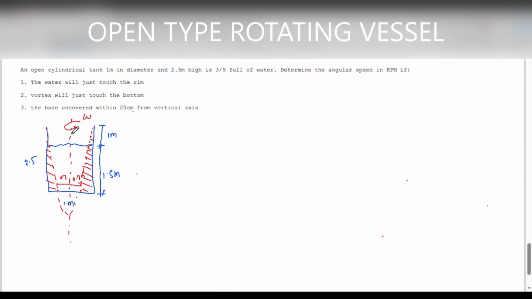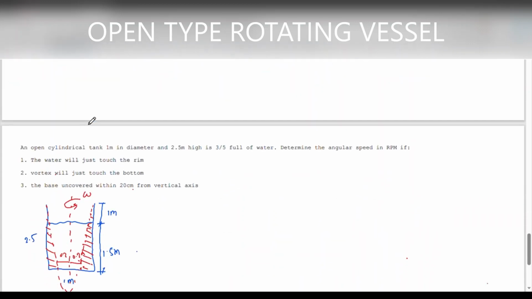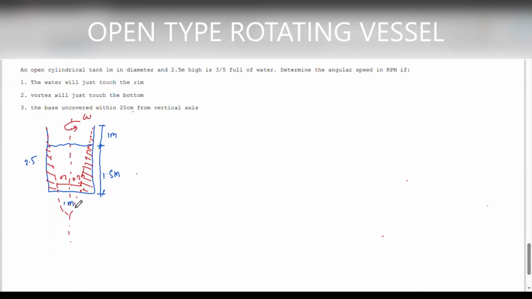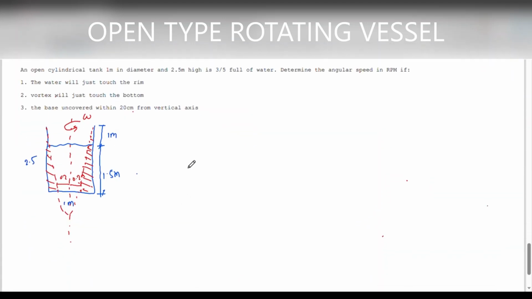So we can expect that our angular speed in this problem is greater than this one. This angular speed is actually the limit wherein your vortex will be at the bottom of your tank. So since our vortex is already lower than the bottom of our tank, we can expect a higher angular speed.